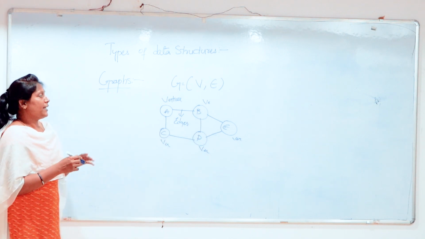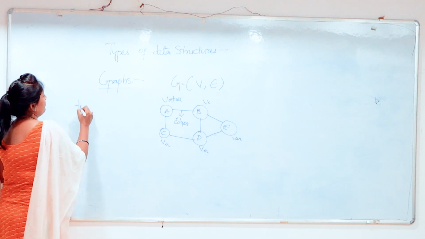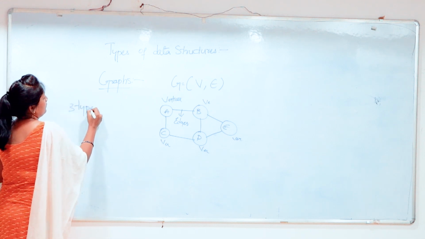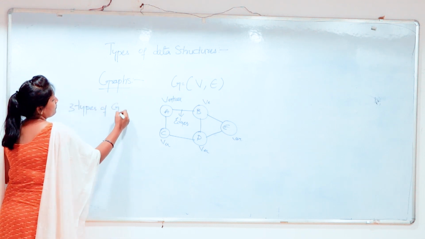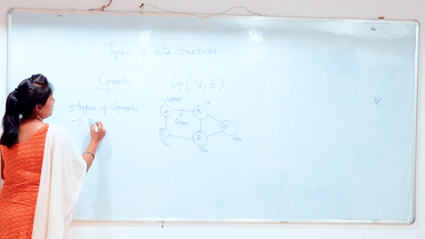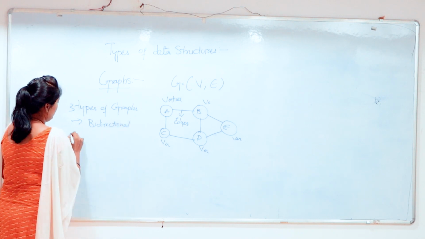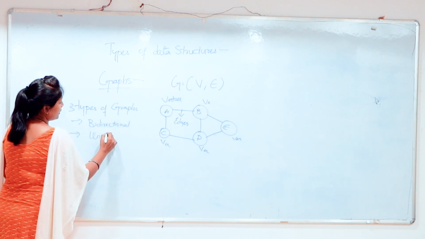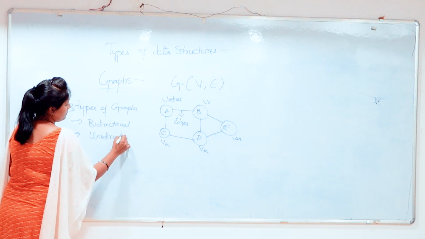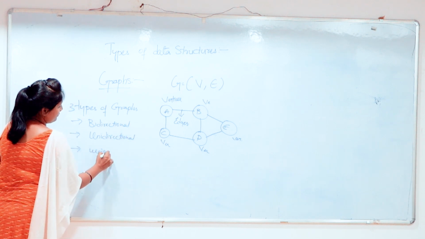We have 3 types of graphs: first one bidirectional, unidirectional, and weighted graph.